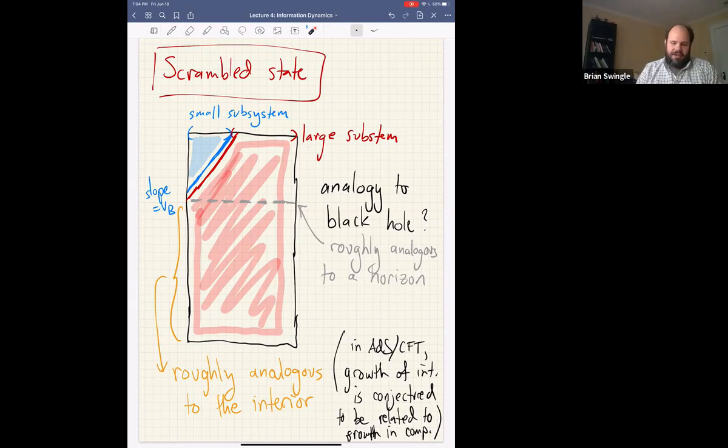This picture, I guess, would roughly apply to that. No one's ever checked that. It's hard to calculate, but that's the conjecture. So it seems like you should be able to make sense of these notions.